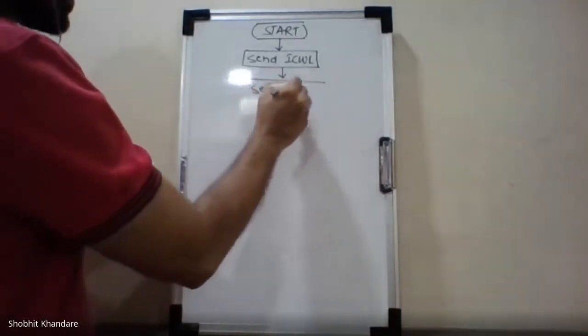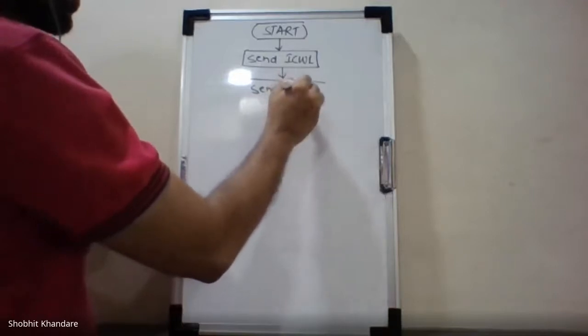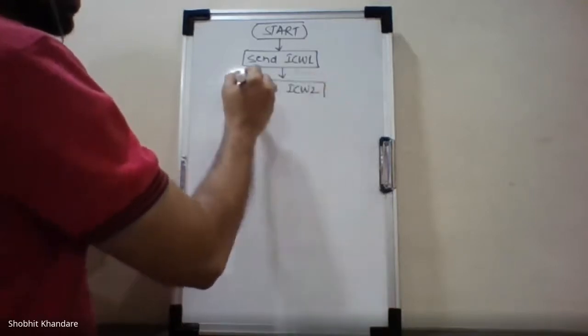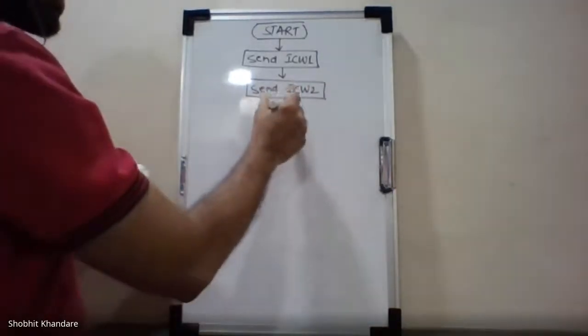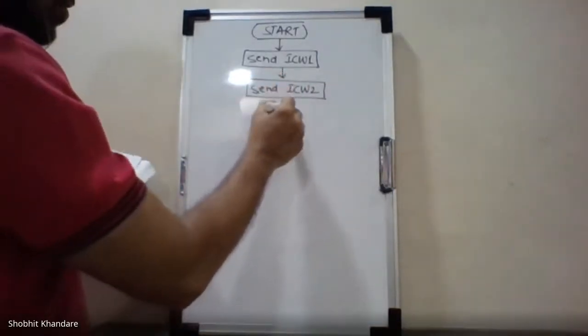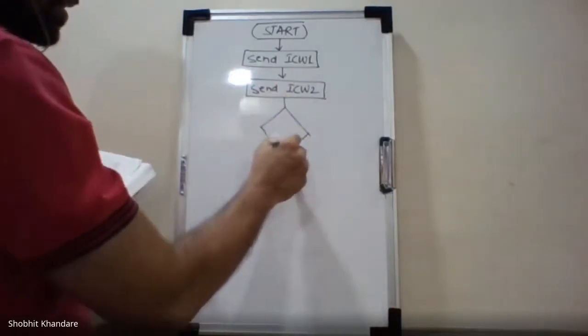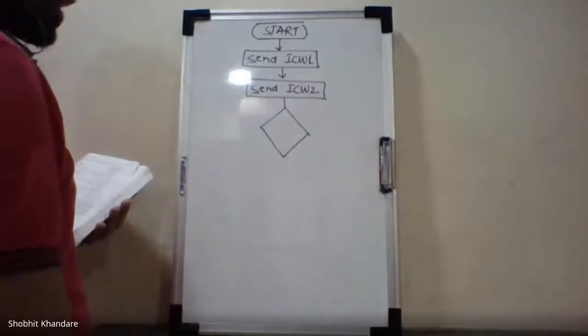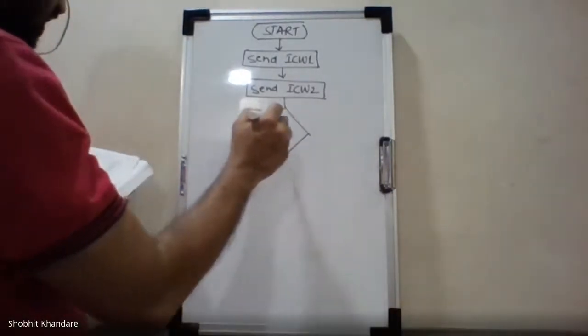Then there is a condition, so I am putting a rectangle bracket: in cascade mode?